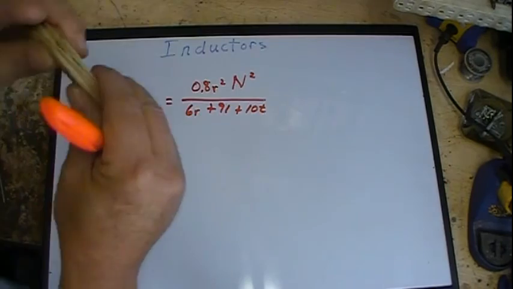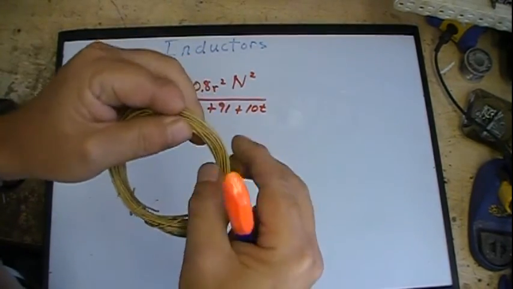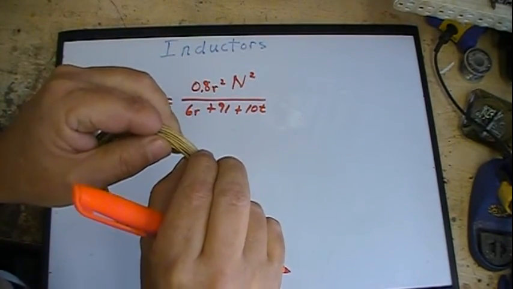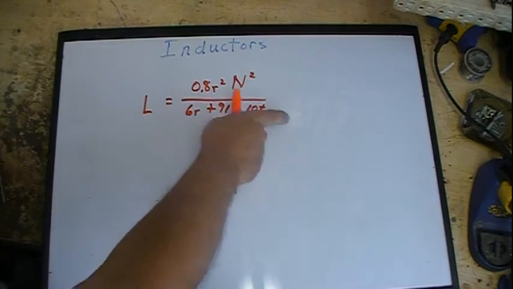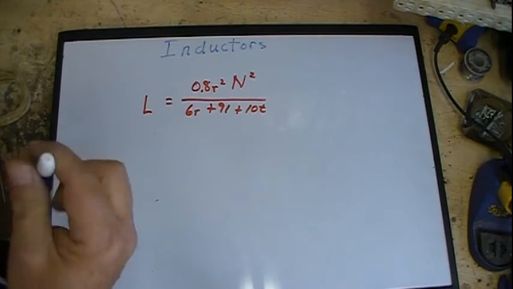So in a case like this, we've got multiple layers. We would look at how thick that is as well, and put that in there. This is for air core as well.